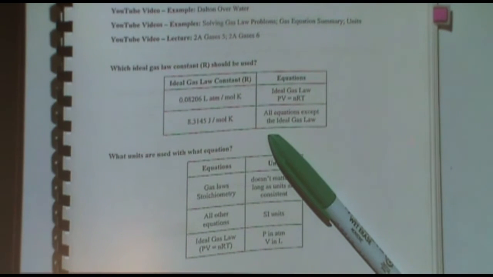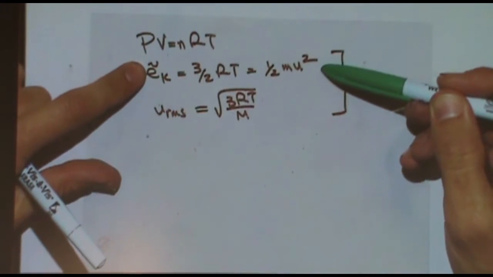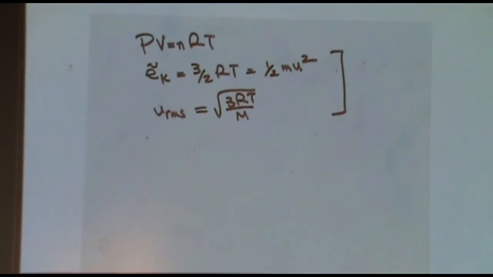The lighter something is, the faster it goes. So those are the concepts. Heavier goes slower, lighter goes faster, and if things are at the same temperature, they have the same average kinetic energy. Those are the concepts that come out of really these equations right there. Okay? So know those concepts and how to do this math.